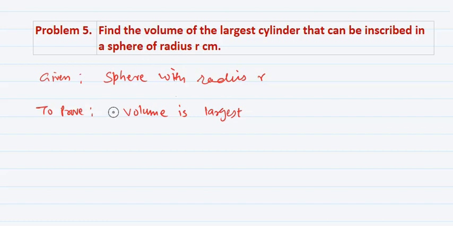And to find is volume of cylinder. Understood? So the sphere is given with its radius, volume largest we need to prove, and volume of cylinder we need to find out. Okay, so to discuss this problem, let me take one figure.